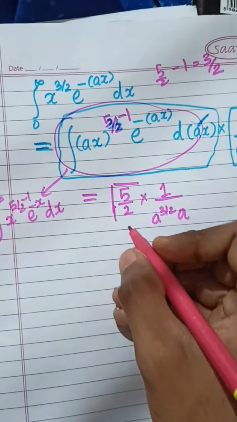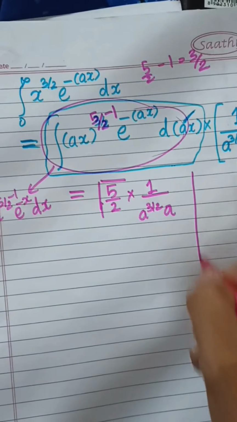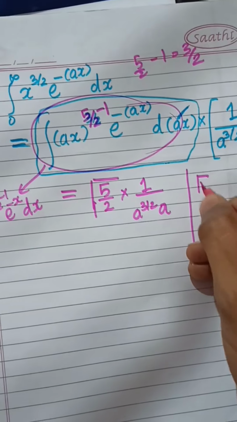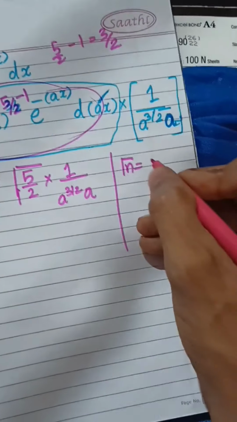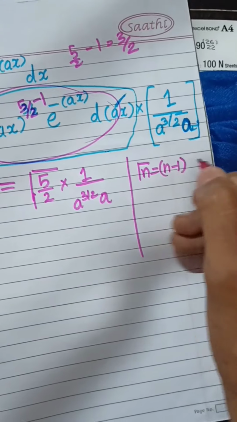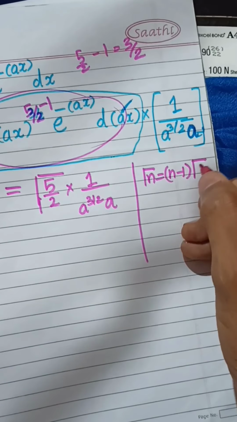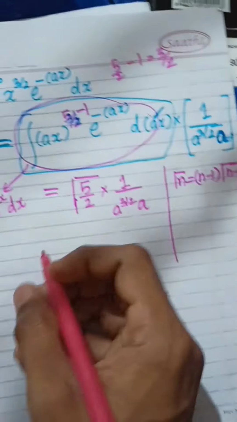So gamma 5 by 2 is, we know that gamma n is n minus 1 times gamma n minus 1. So we use it.